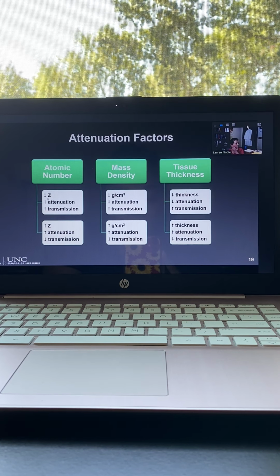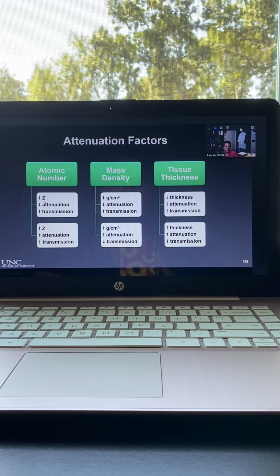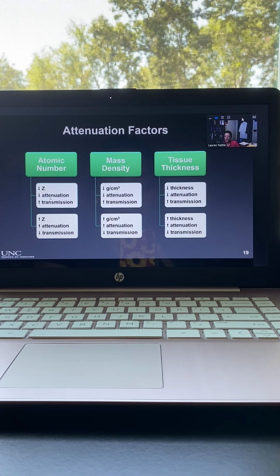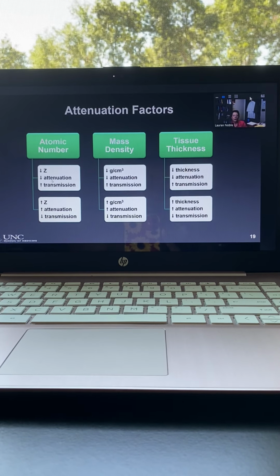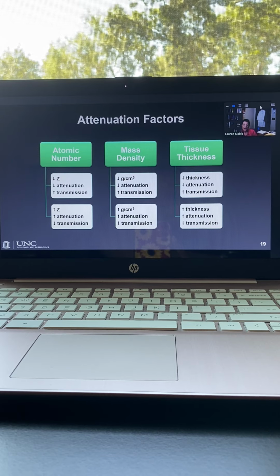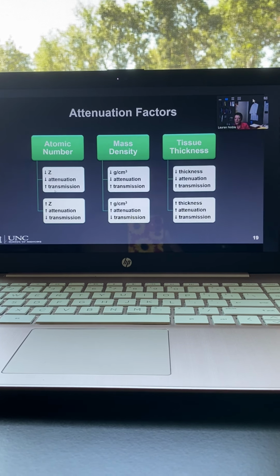Because as atomic number goes down, the number of electrons goes down. So if you have a lower atomic number structure, the probability of attenuation goes down because we've got fewer electrons that can be interacted with. So that means we have a greater chance of transmission.